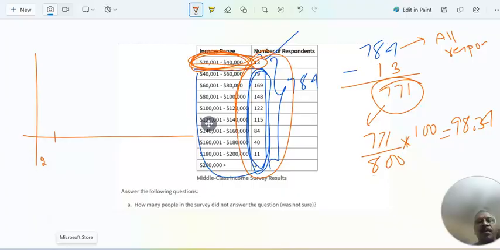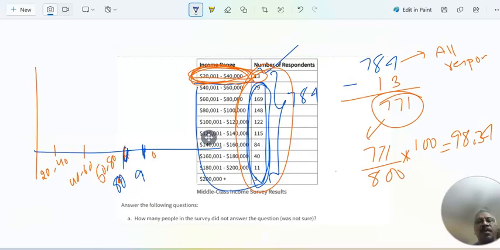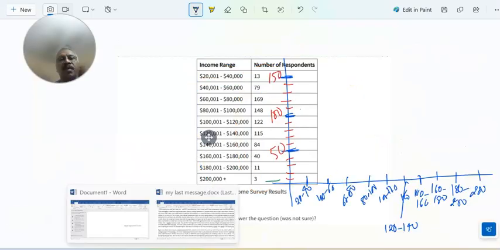Like this is 20 to 40. So I draw the x-axis and the y-axis, and you mark 20 to 40, 40 to 60, 60 to 80, 80 to 100, 100 to 120, 120 to 140, 140 to 160, 160 to 180, 180 to 200, and 200 above, 220.